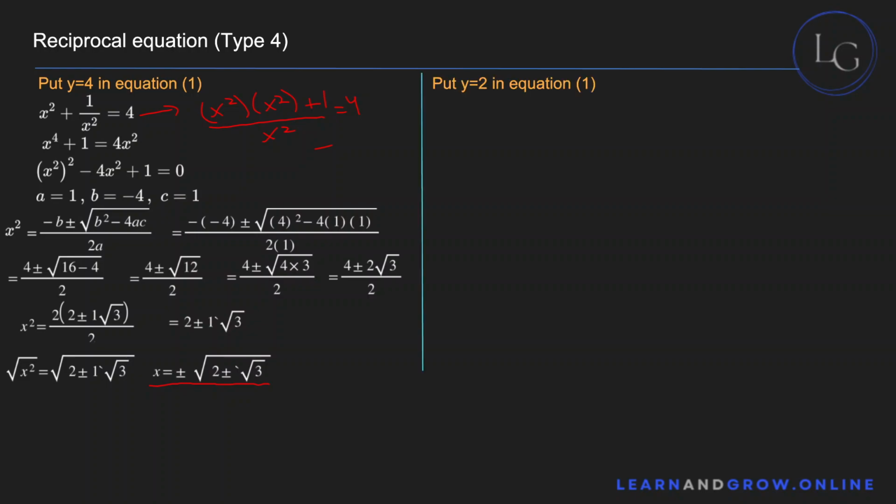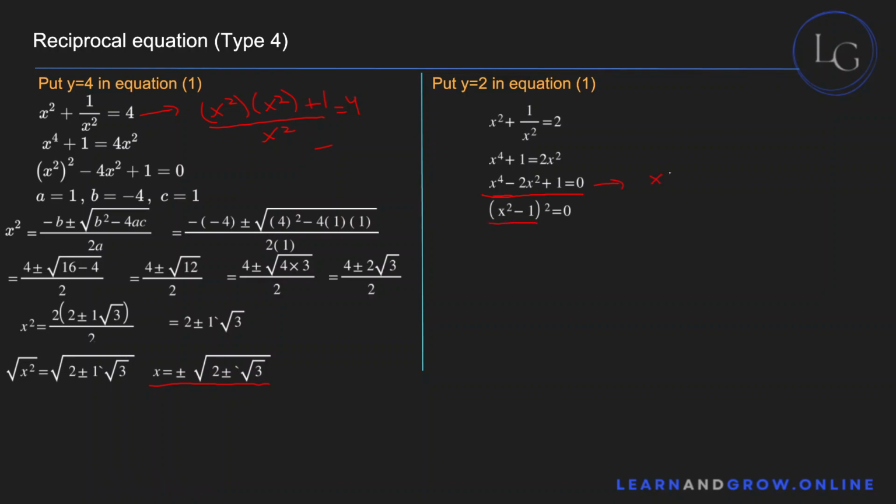Now, when you plug in y is equal to 2 in the same equation, you'll get this equation here. Now, this basically just turns into this. Well, how?